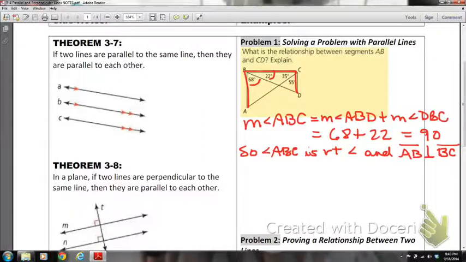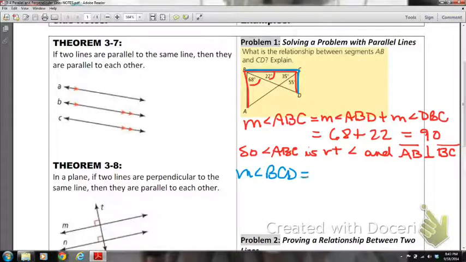Now the next angle that we're going to look at is the measure of angle BCD.